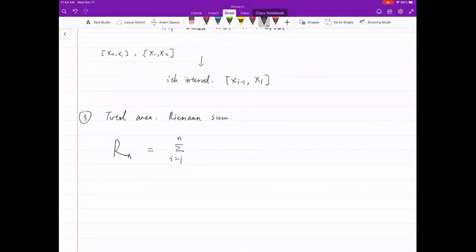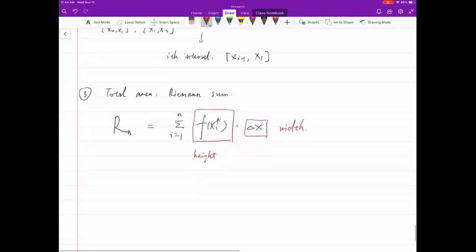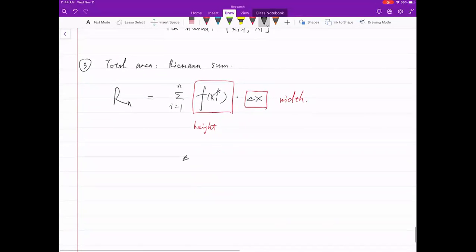Here is the height. Here is the width, with delta x given by the size. Sounds good?